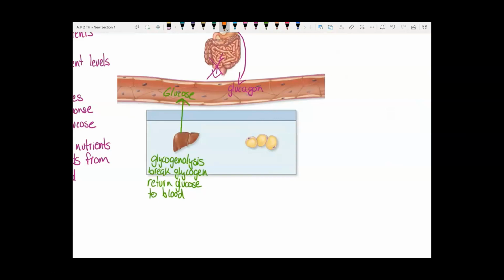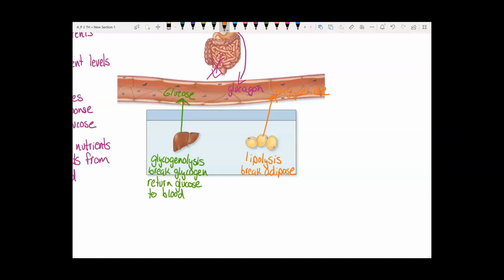And here with the adipose, we're going to return triglyceride to the blood. And that is lipolysis. So this is where lysis means break, you're going to break your adipose and return the resulting triglyceride to the blood.